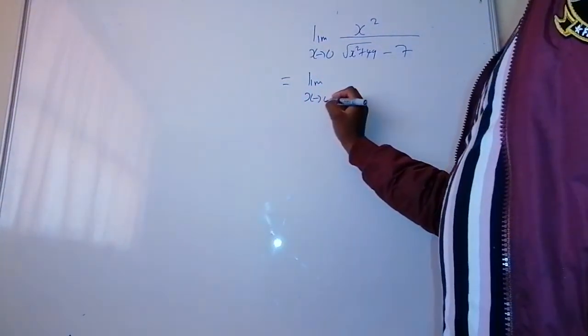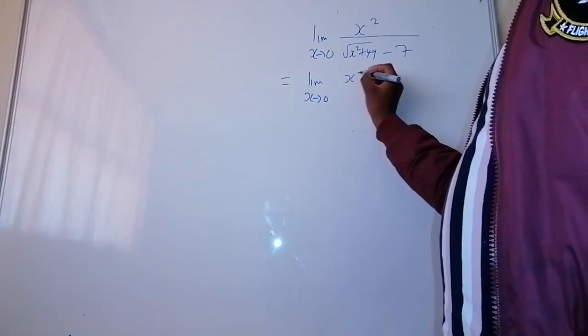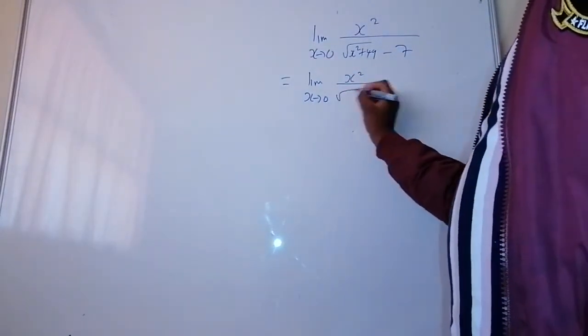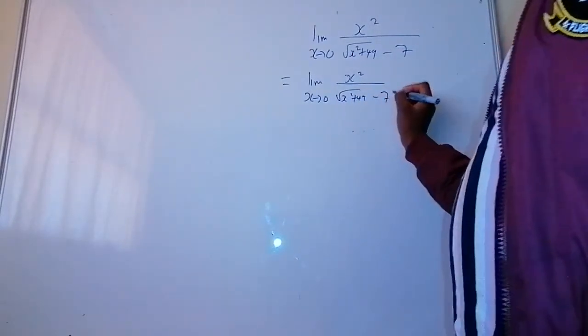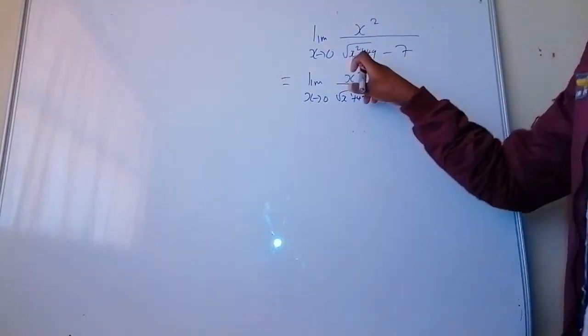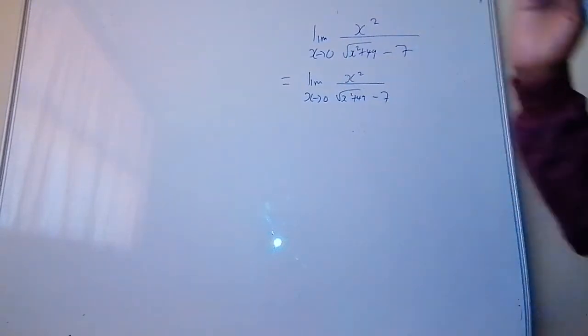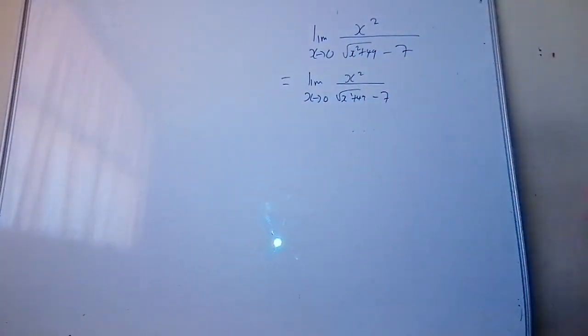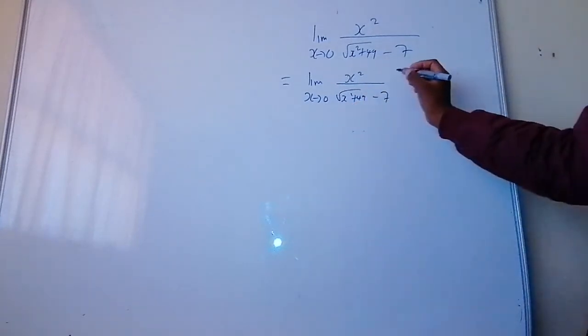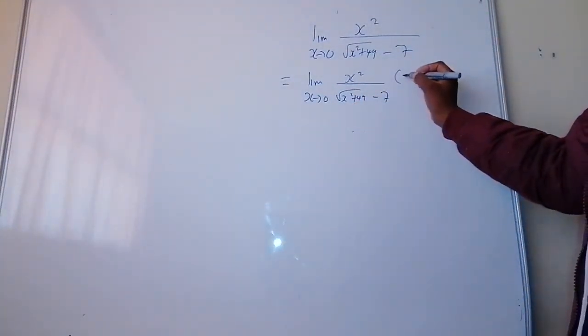Limit as x approaches 0 of x squared divided by the square root of x squared plus 49 minus 7. Whenever you're given a square root, think about rationalizing the numerator or denominator. So here we're going to rationalize the denominator.